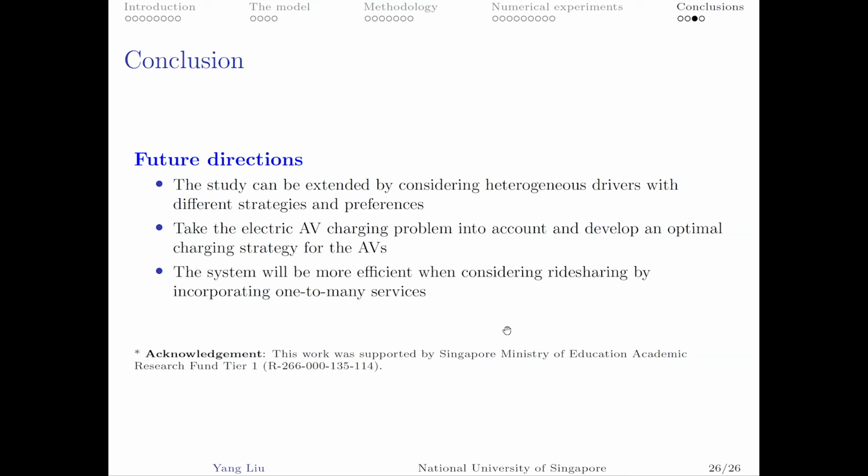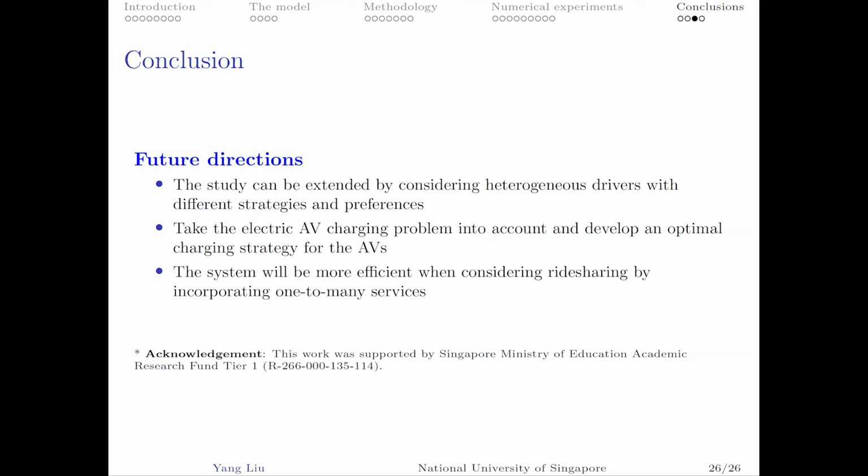So we assume they have the same structure of the learning architecture, and they share the same parameters in their reinforcement learning networks.